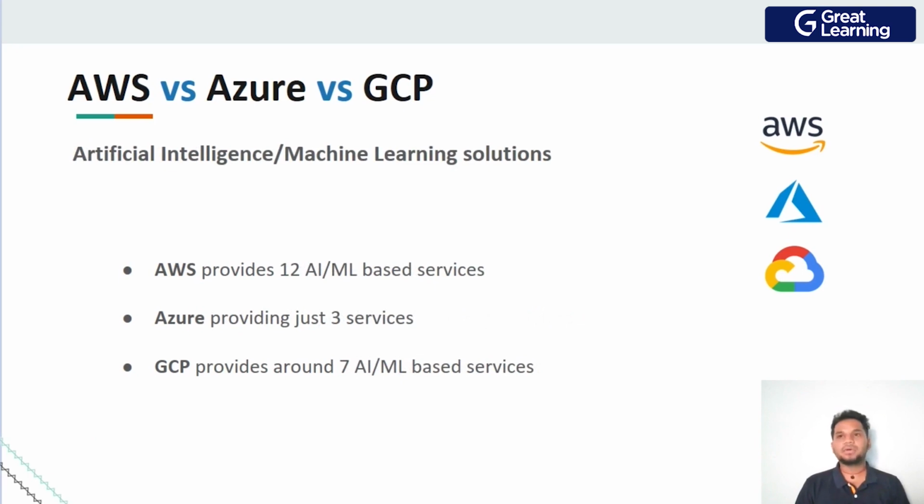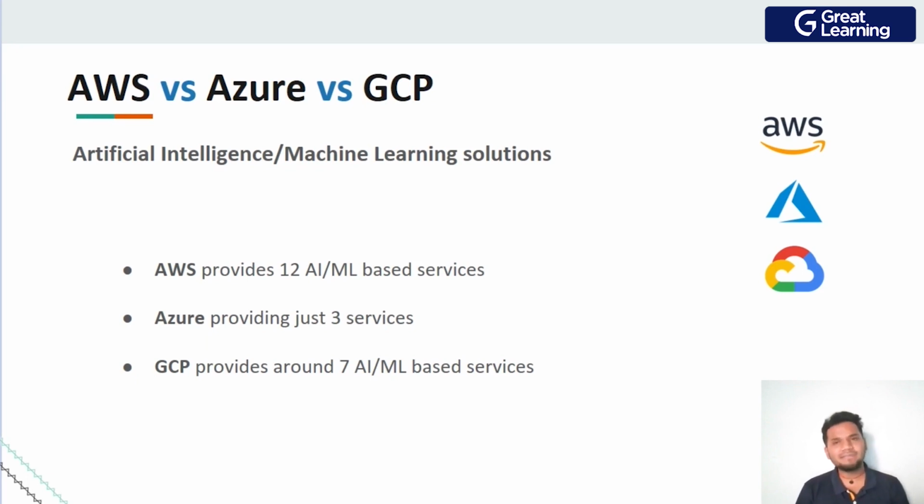Then when we talk about a really fun thing which I absolutely love, bringing two domains together. In this case, it's artificial intelligence or machine learning solutions, development, deployment of these solutions. Here again, AWS takes a slight edge with the number of services at least, right? AWS provides this really fantastic service called AWS SageMaker for working with machine learning solutions. So here they provide 12 AI ML solutions, that is AWS.